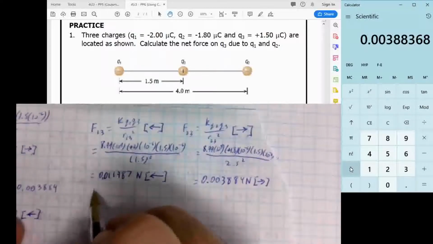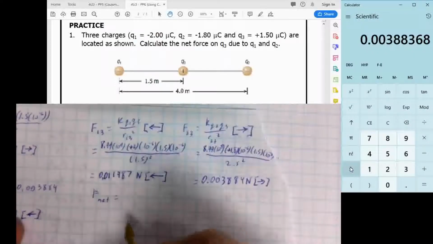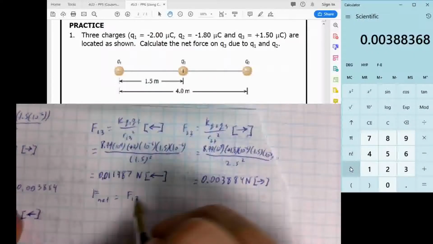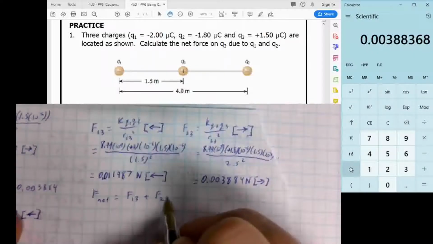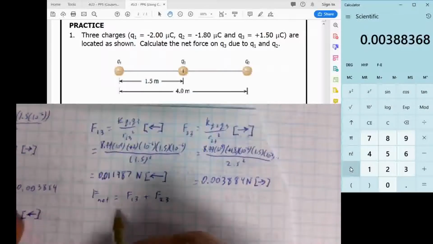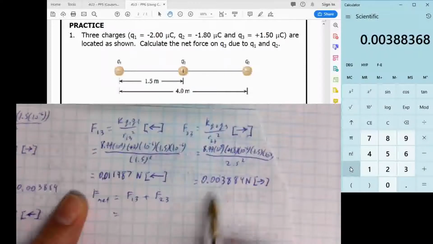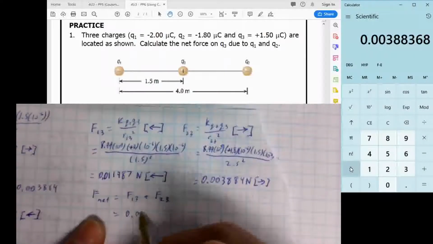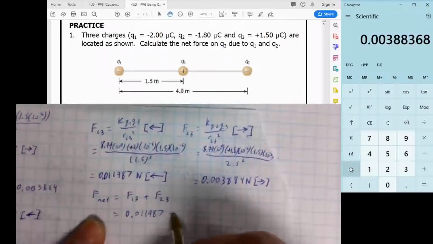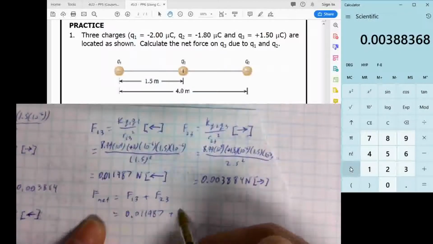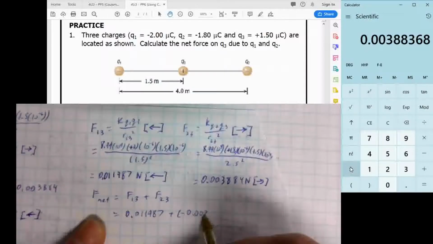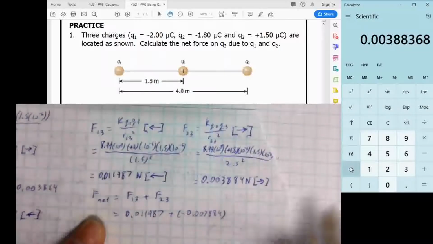Now I need to find the net force, which is the vector addition between F23 and F13. We will take left as positive because that's the larger. So I'll write this in as 0.011987 plus a negative 0.0038884.